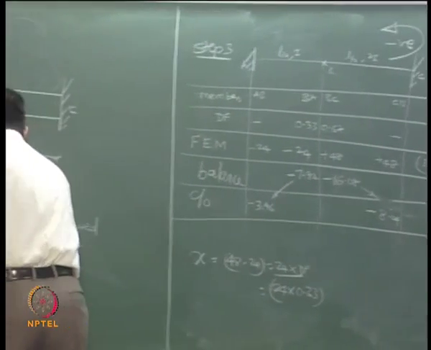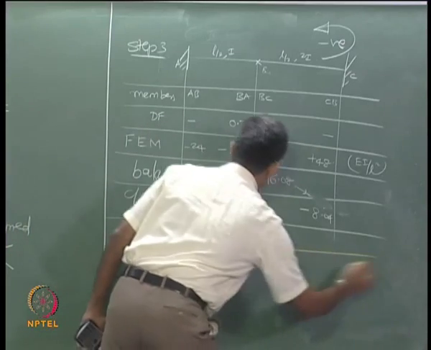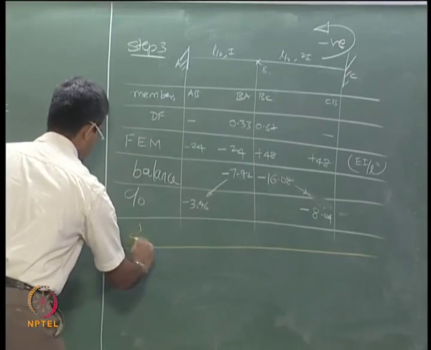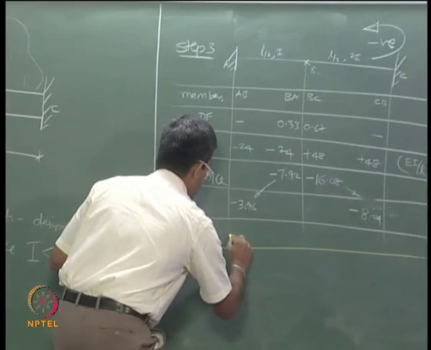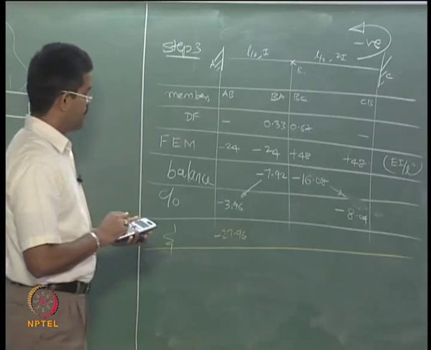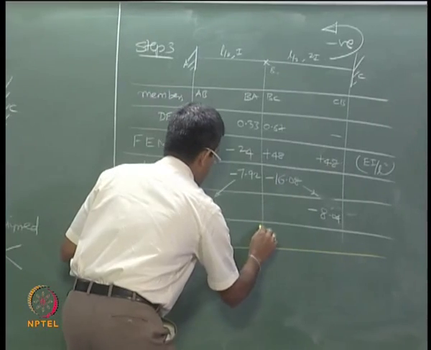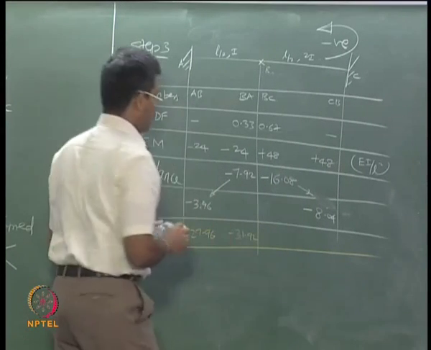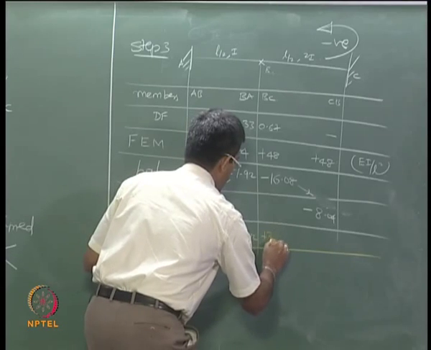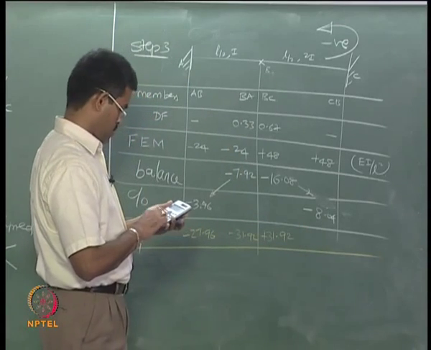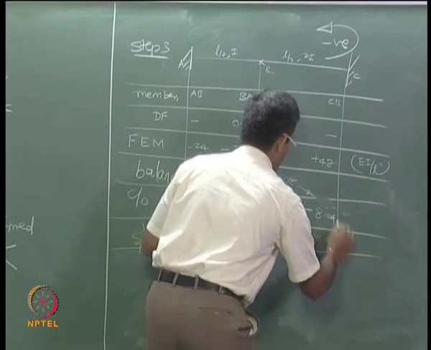Try to sum them up. So, let us sum this up. 24, which is minus 27.96, minus 31.92, plus 31.92, plus 39.96.